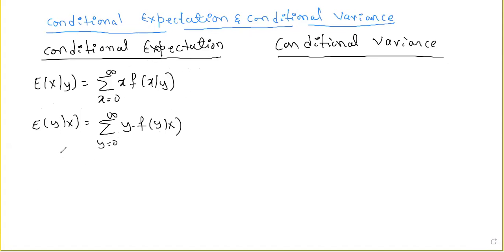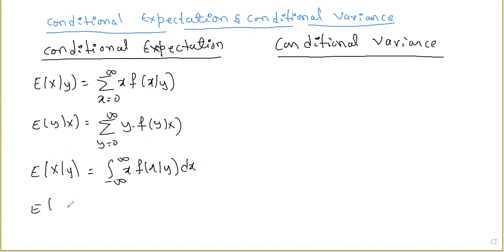or conditional probabilities, right? We have the same case with continuous x given y, I mean expected value of x given y, integration minus infinity to infinity x into f of x given y dx.